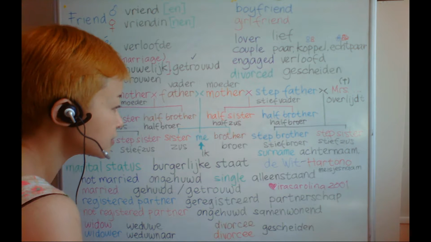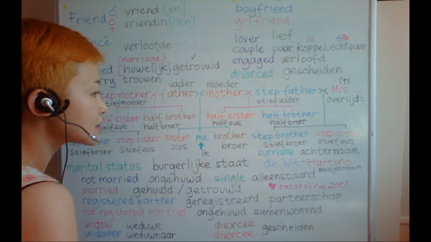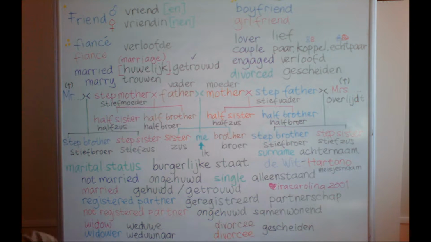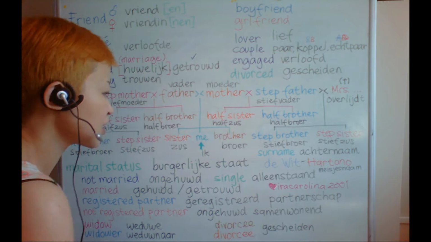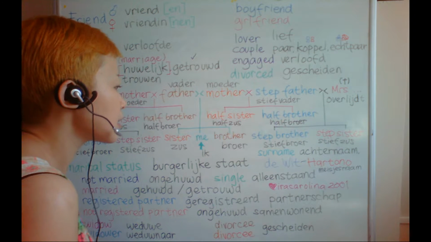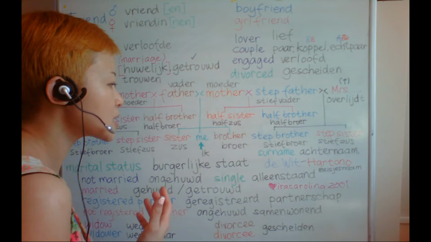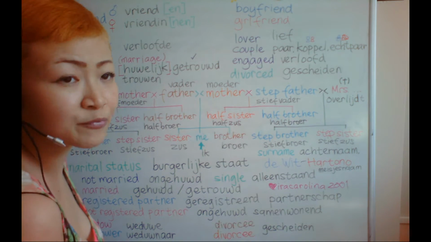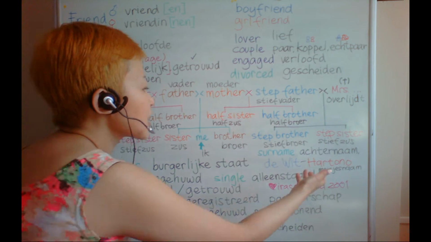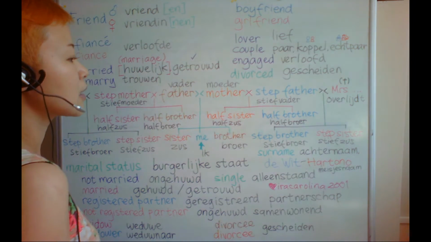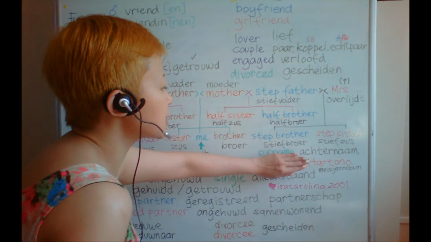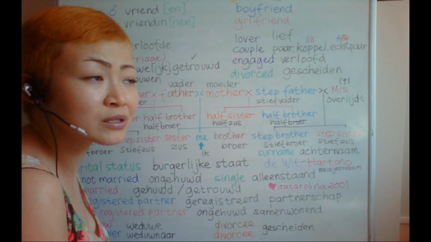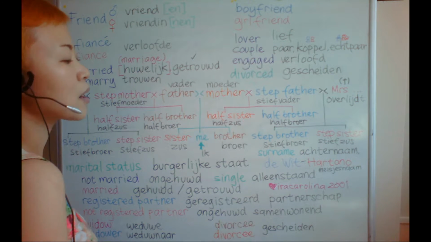One more thing we have to learn here. If you marry someone, sometimes you put another name, the surname of your husband, if you're female. My real surname, my surname from my dad, is Hartono. This is meisjesnaam. Meisjes is little girl, naam is name.